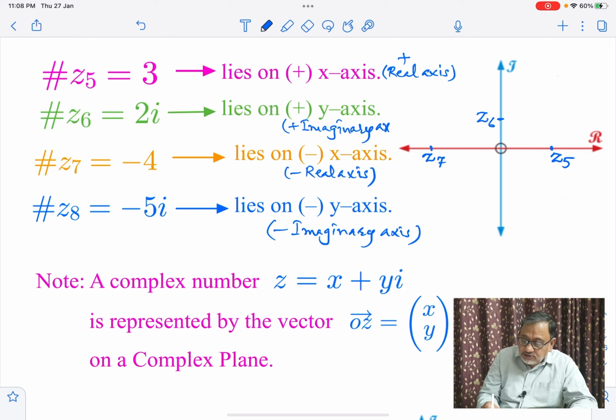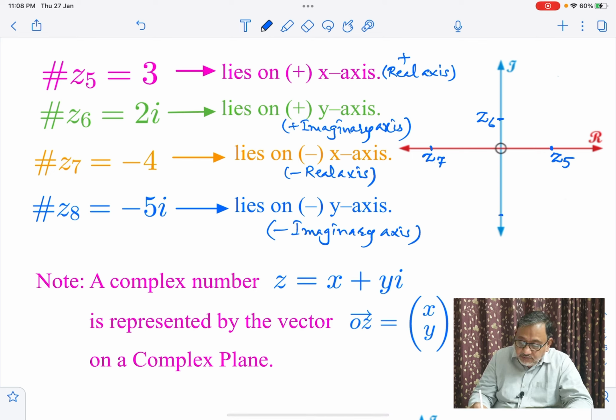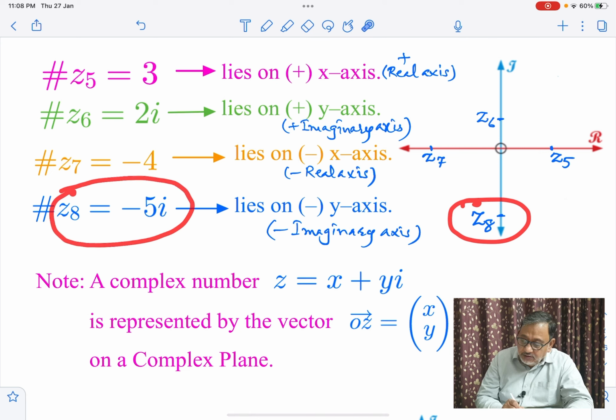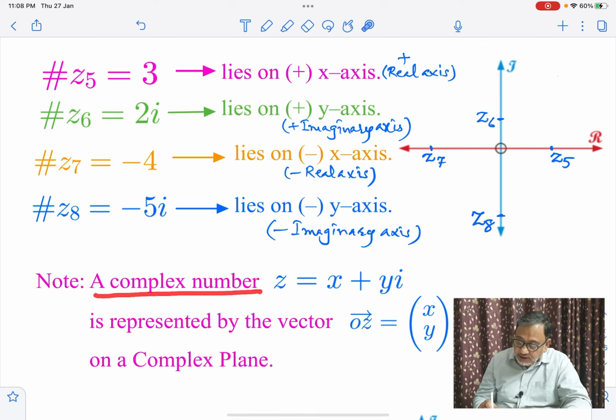Yeah, I wrote x-axis and y-axis for your understanding, so no problem. So I'll represent minus 5i somewhere here, Z8. So Z8 is minus 5i, which will be on the negative imaginary axis, okay.